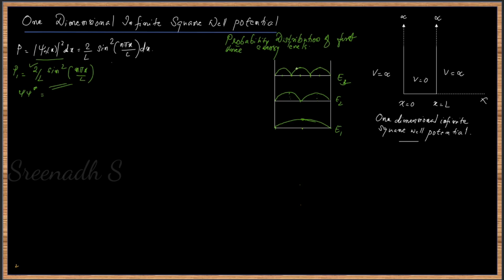So we can write psi 1 star, psi 2 star, and psi 3 star. Okay, so this is the probability distribution for the first 3 energy levels.